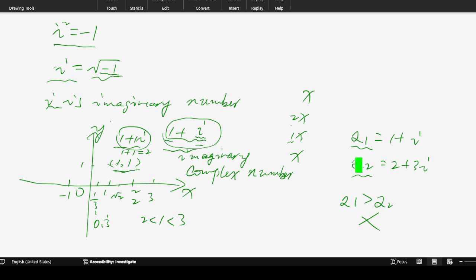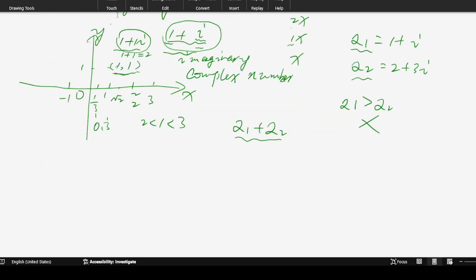But you can do calculation, such as addition. z1 plus z2. What's the result of z1 plus z2? That means adding two complex numbers. What does that mean? I think you can use the calculation you use for vectors.